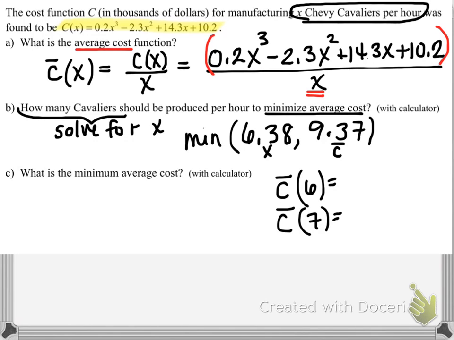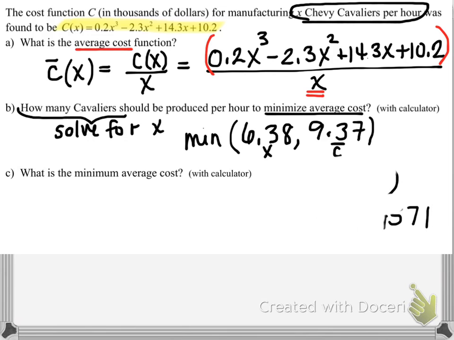The average cost for 6 comes out to 9.4, versus the average cost for 7, which is 9.4571, it looks like. So you clearly see that it is going to cost you less to produce 6. So our answer for part B is that they should produce 6 Cavaliers in order to minimize the cost.